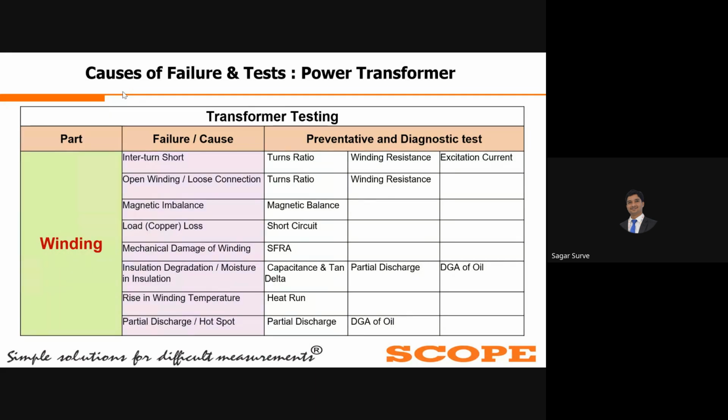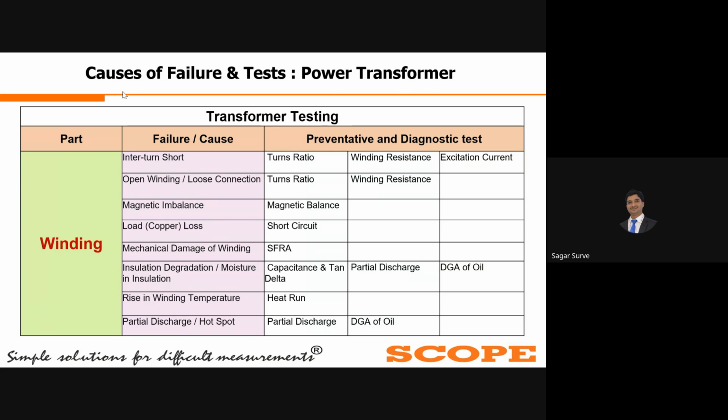Okay, with the winding resistance test of all types of winding resistance, the resistance versus time or current versus time test, we can observe if there is some failure or imbalance in the transformer winding.